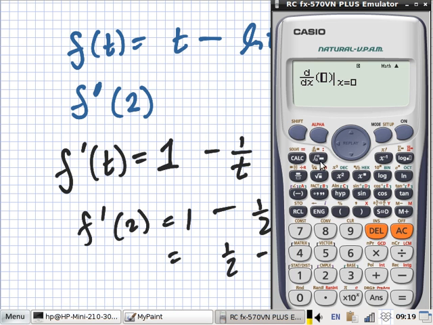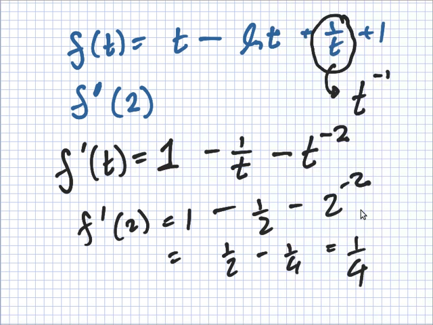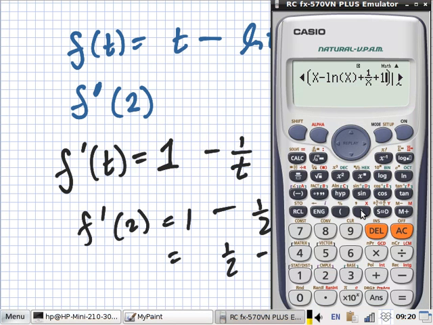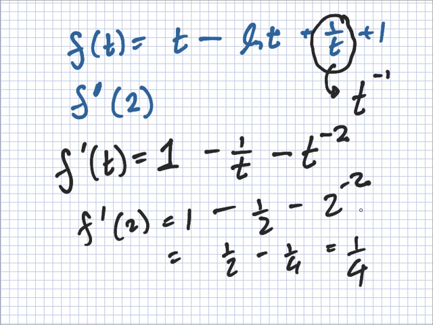Shift derivative when the variable is 2, t minus log t plus 1 over t plus 1. I should get a quarter. I did. Okay, so I know that this one's right then. Write that down if you need to. We'll have a look at another one now and see what we have next.